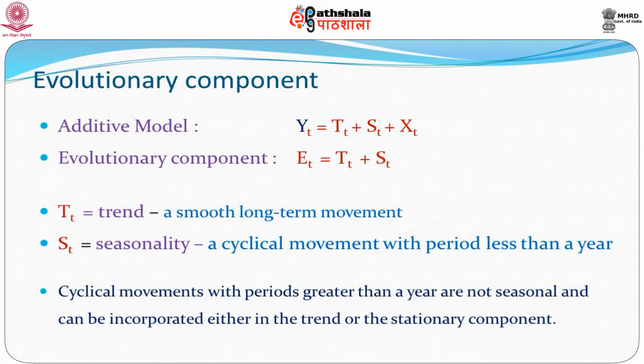These are the highs and lows that businesses have over the years, but this can very often be incorporated into either the trend or the stationary component, and hence in our model we will not be looking at the cyclical component separately. The original classical models had a cyclical component, but later on this was either incorporated with the trend or with the stationary part of the model.